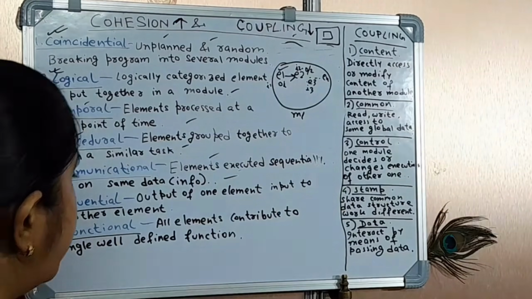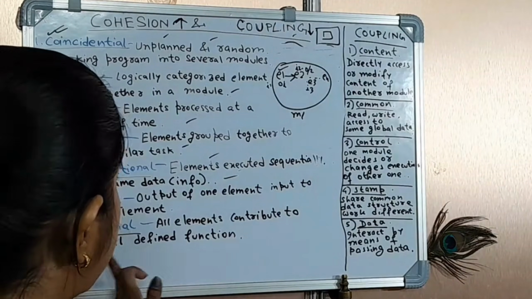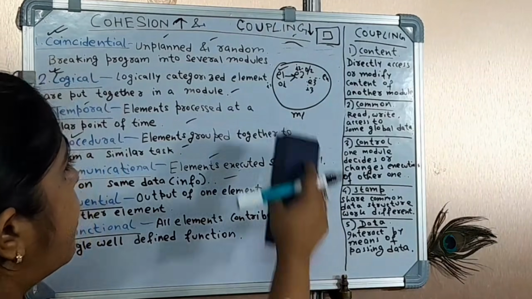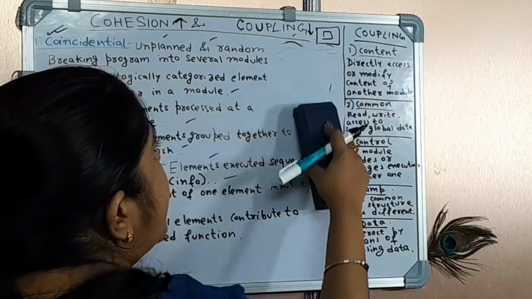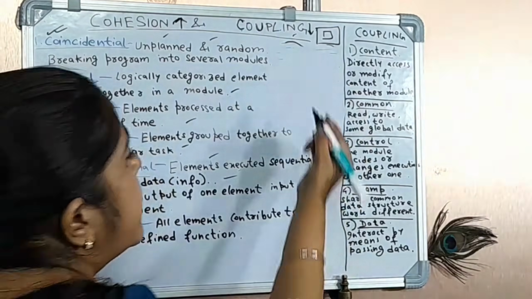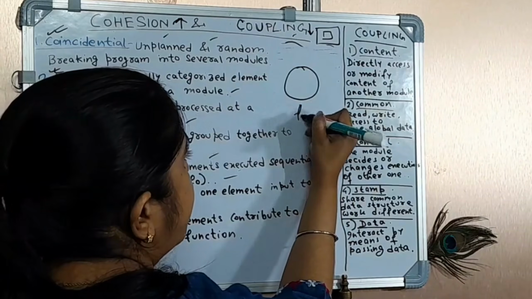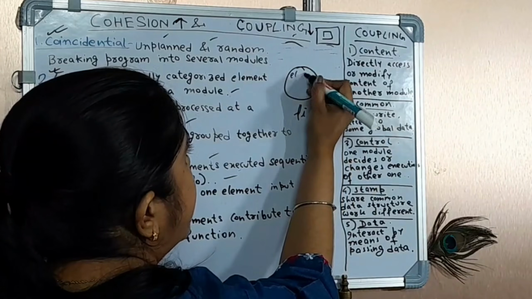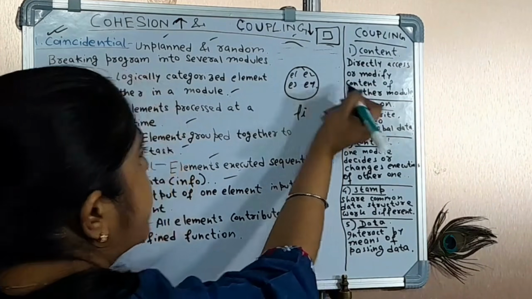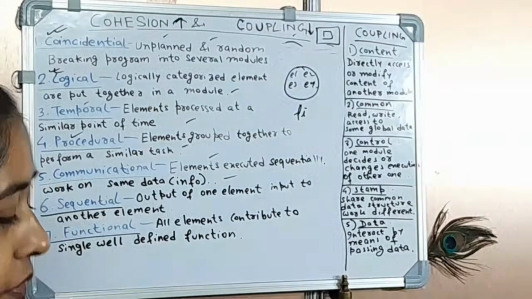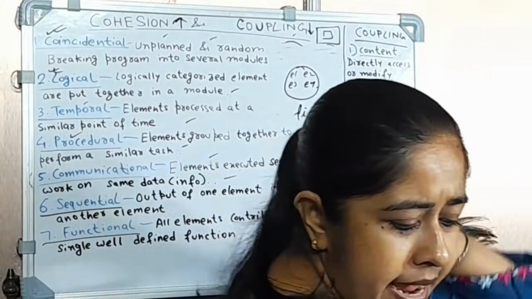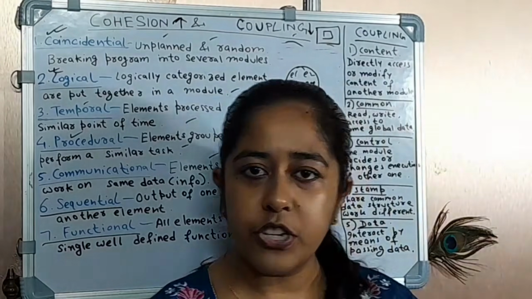Then our seventh one: all elements contribute to a single well-defined function. Here, when we are defining a particular function, as we have seen, the high-level function F1 with elements e1, e2, e3, e4, and so on. This is the highest degree of cohesion.